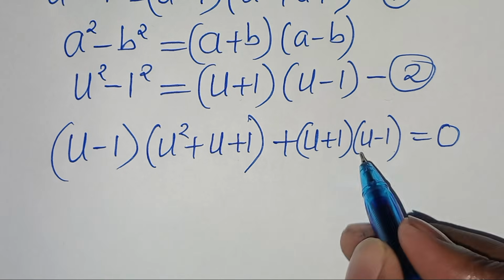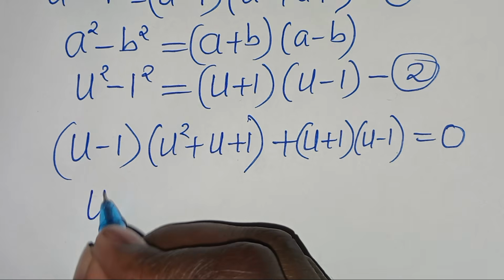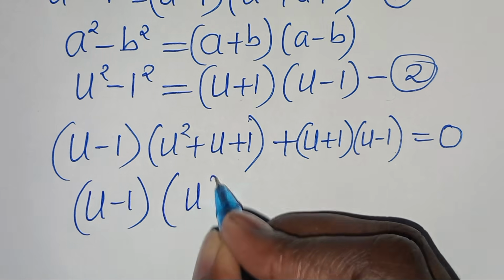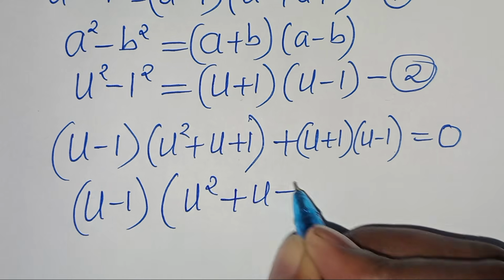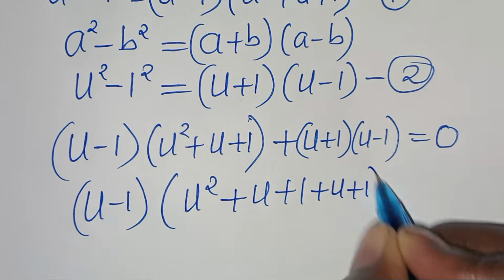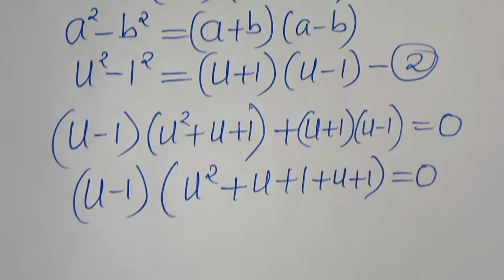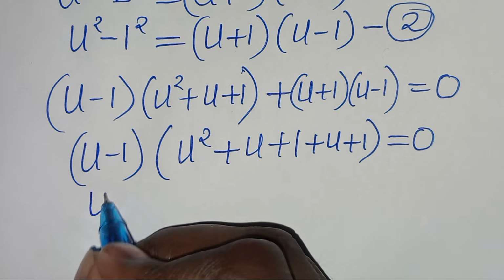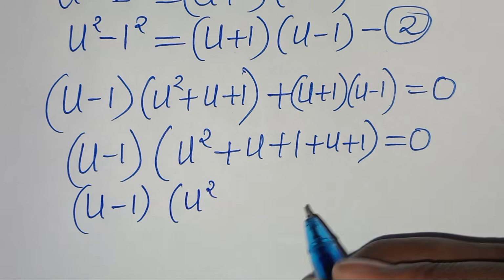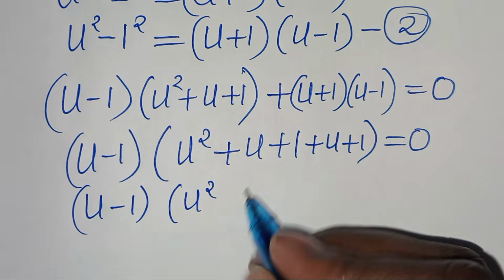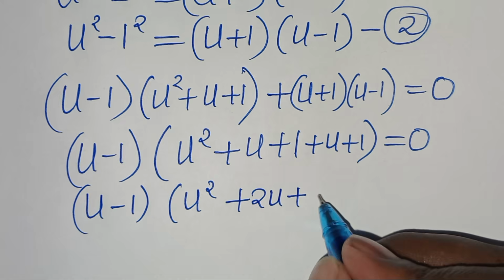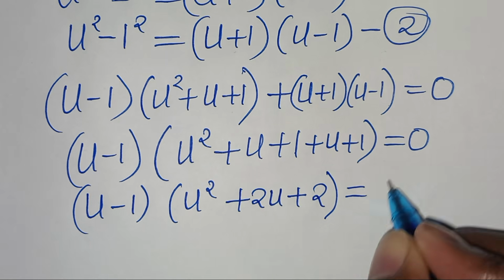u minus 1 is common here, so we factor out u subtract 1 into the parentheses. This is u to the power of 2 plus u plus 1, then plus u, then plus 1. This is equal to 0. So we have u subtract 1, this is u to the power of 2, then plus u plus u, this is plus 2u, then plus 1 plus 1, this is 2, and this is equal to 0.